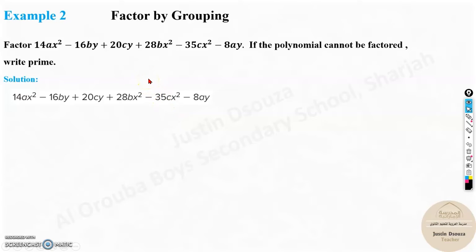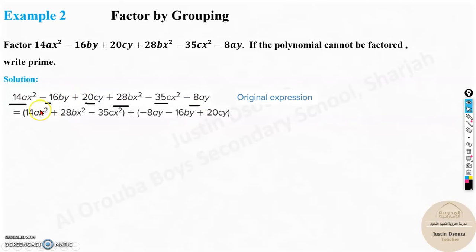It is up to you to choose because ultimately the answer will be the same. Now over here, generally the easy method is, you can go with numbers. You can see 14 is a multiple of 7, 28 is a multiple of 7, and 35. Whereas the remaining ones, 8, 16, 20 are multiples of 4.